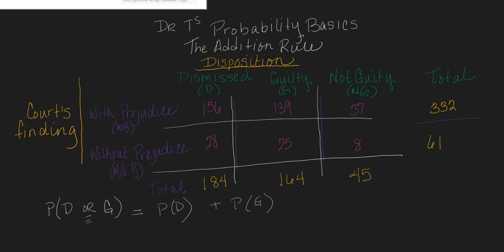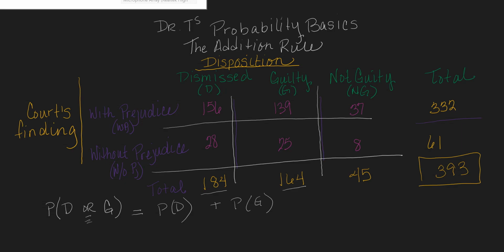All right, we're interested in the number who were dismissed and the number found guilty, and our overall total number of cases that we reviewed is 393.